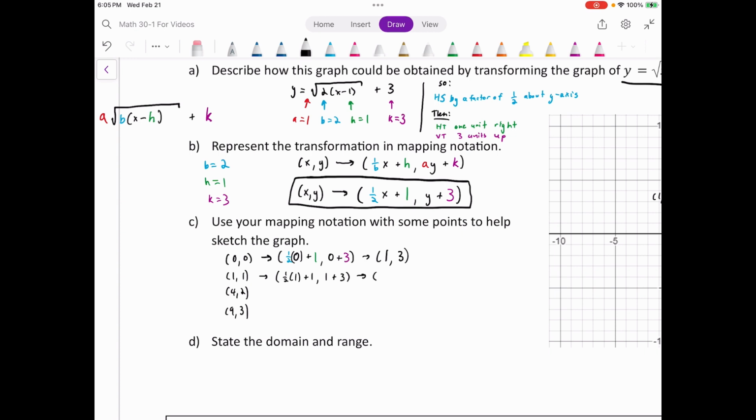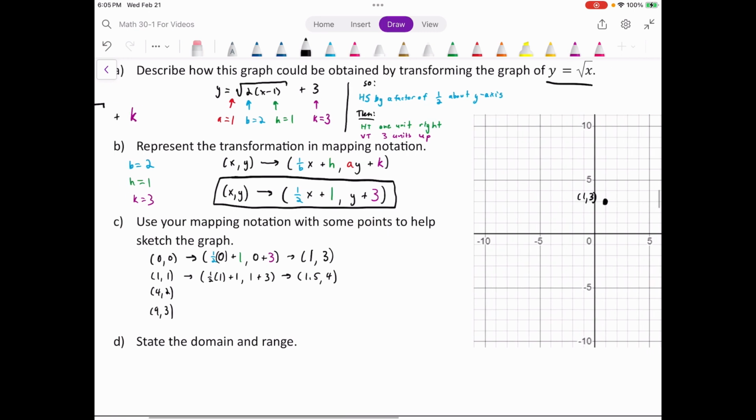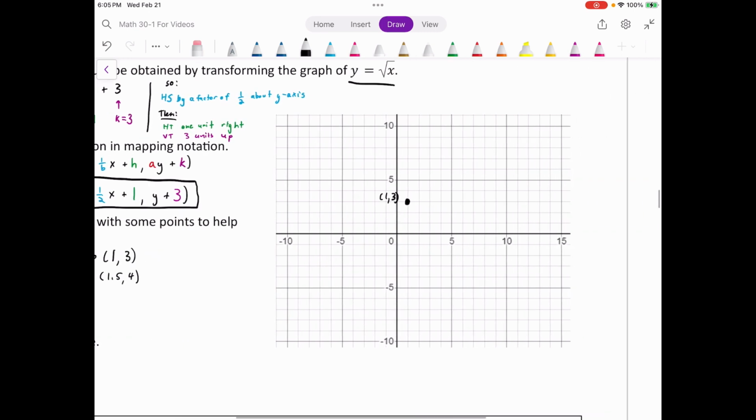On our transformed function, it's going to end up at, okay, half of 1 is, I'm going to call it 0.5. It's 1/2, but I'm going to say 0.5. Just seems a little easier to think about on the graph. So 0.5 plus 1 is 1.5, and then 1 plus 3 is 4. So there's another point that we can put on our graph, 1.5, 4. So there's 1. 1.5 would be halfway to 2 from there, and then 4.